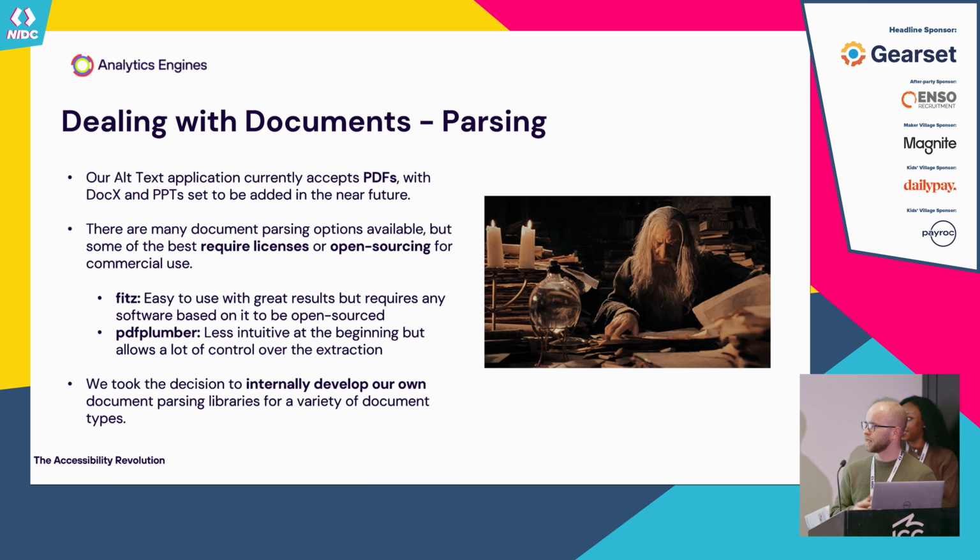And I think you can see the challenge behind that: a lot of those really good parsing tools require licenses or have certain sorts of licenses on them that prevent you using them all the time.